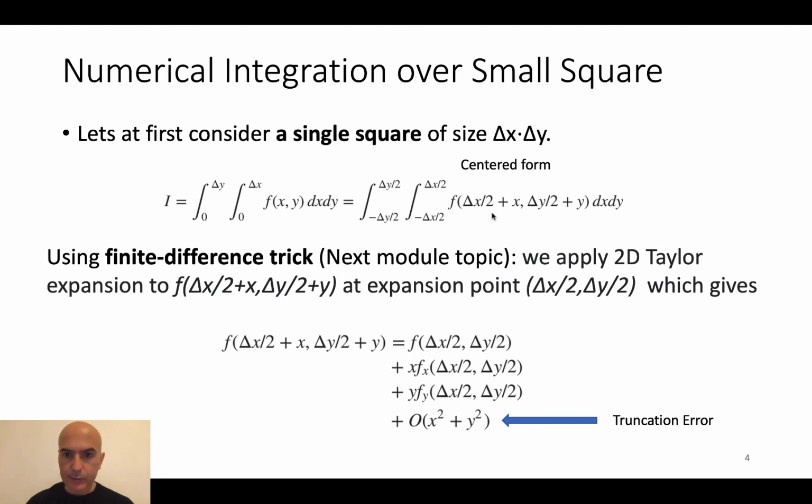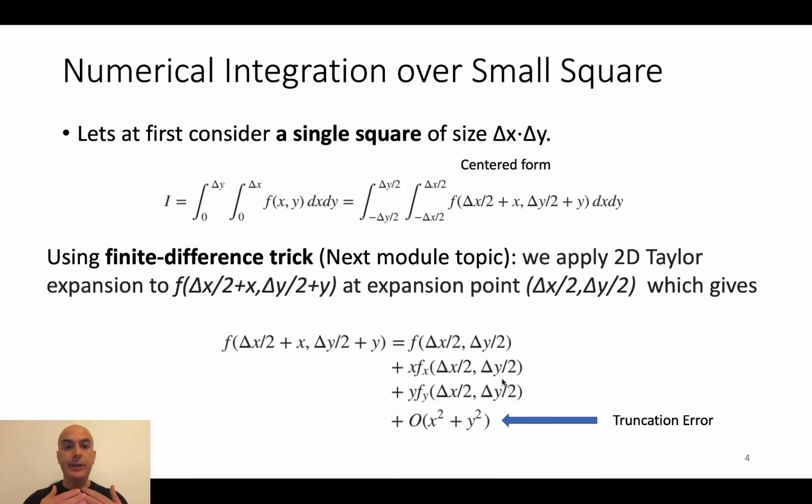So this value is equal to the value of the function at the center point, plus the x coordinate multiplied by the derivative in x of f, still calculated at the center point, plus a contribution from the y derivative, that is y multiplied by the derivative of the function f in the direction y, calculated at the center cell point.